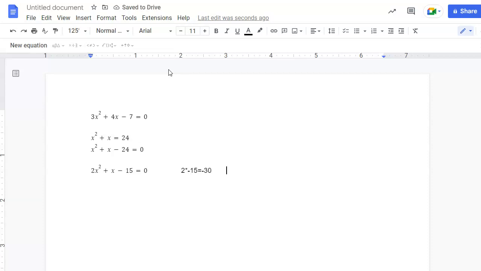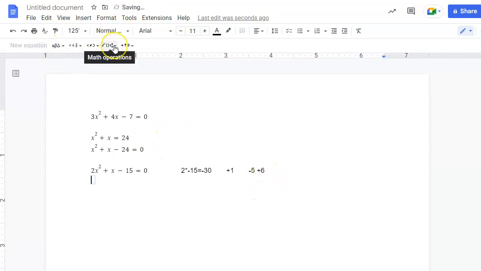And I want things to add up to a positive 1. And so that's going to be a negative 5 and a positive 6. So I know what numbers, okay? And that way I kind of know where you're getting your information.